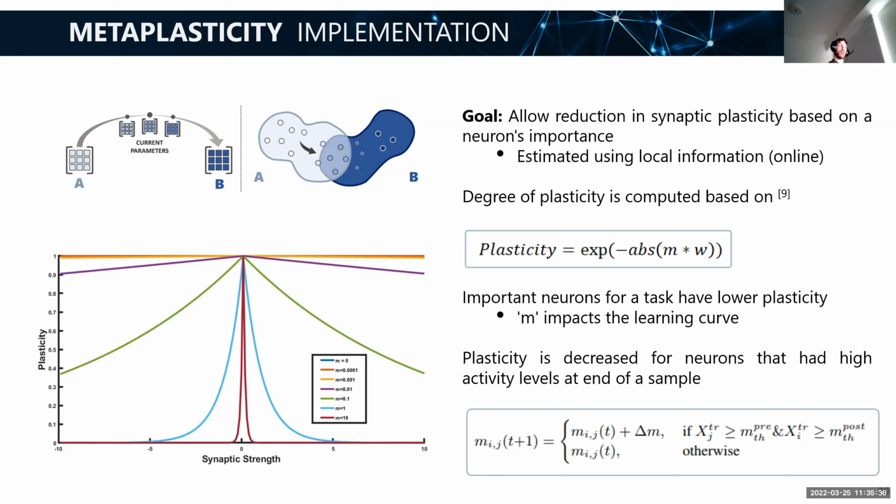As long as both neurons fired frequently to that sample, then that synapse was conveying some form of important information that was needed for that task, and we're going to want to protect what it has learned during this given time. And the increment to that metaplastic state will be small.